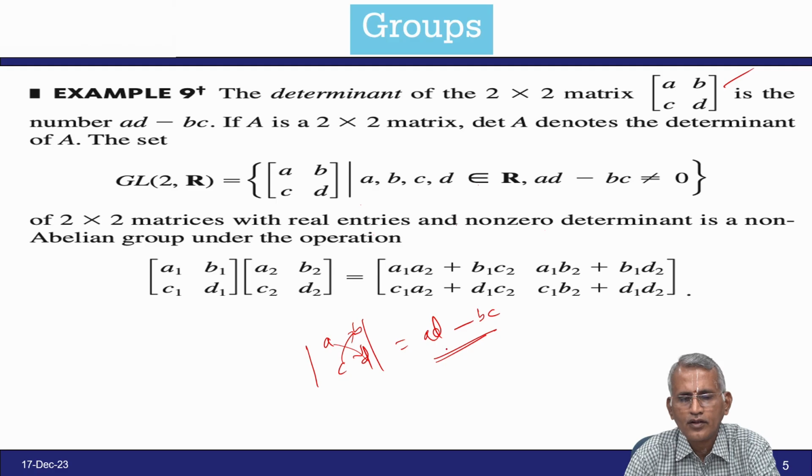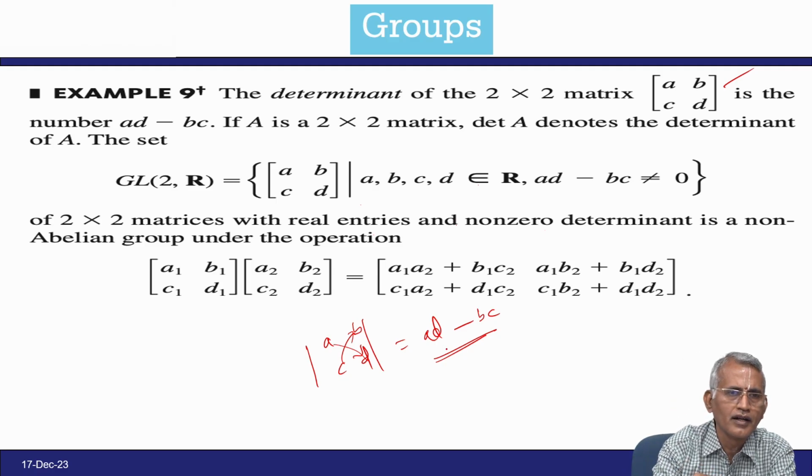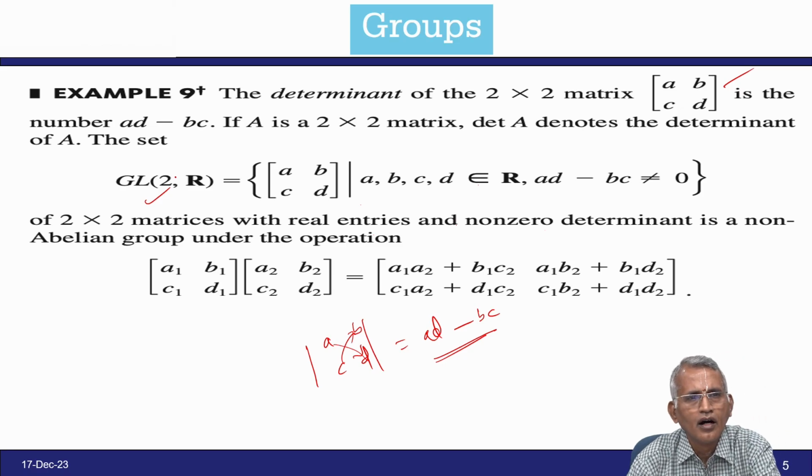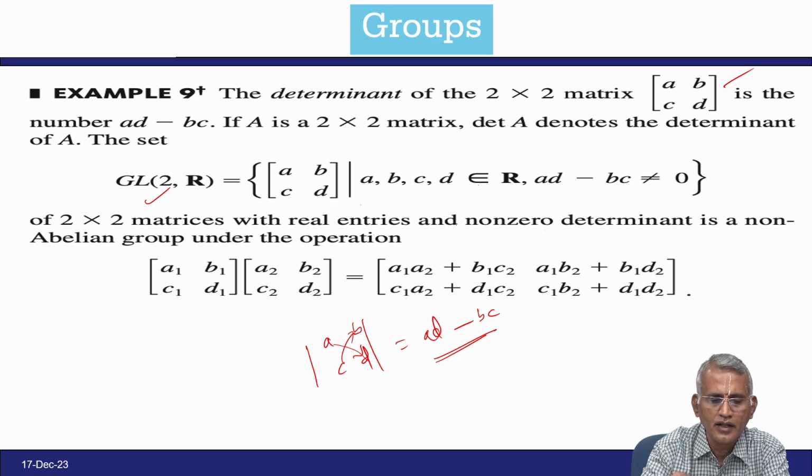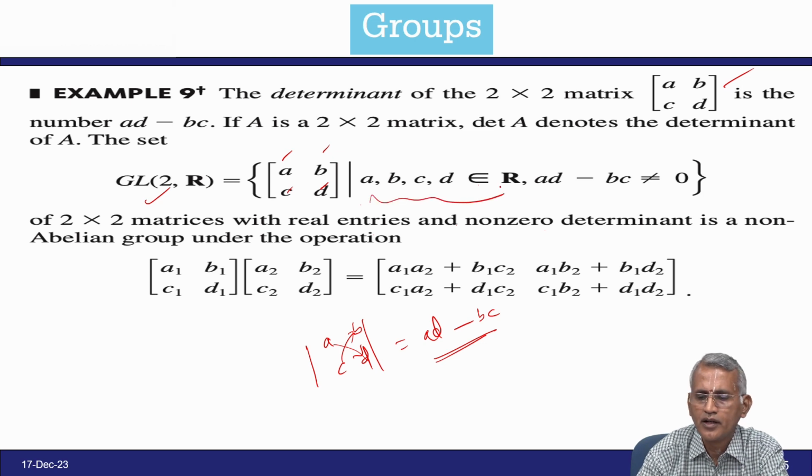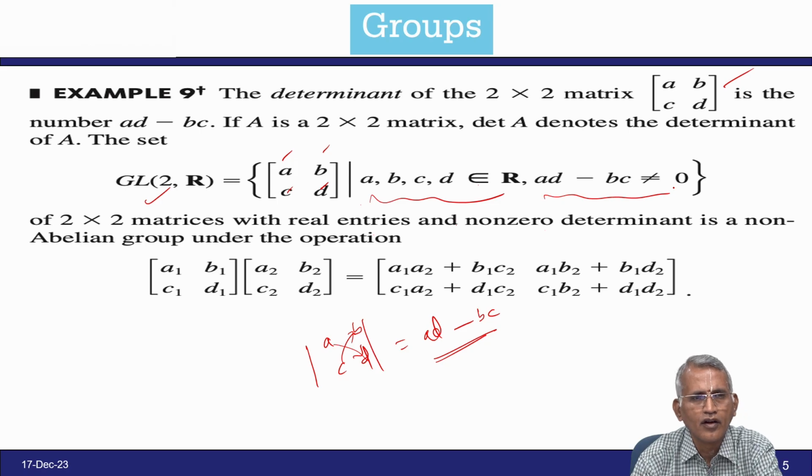Now, this group is denoted by GL of 2 comma R. It is the set of matrices with rows and columns A, B, C, D, where A, B, C, D belong to the real numbers, and conditionally the determinant should not be equal to 0, meaning it is a non-singular 2 cross 2 matrix.